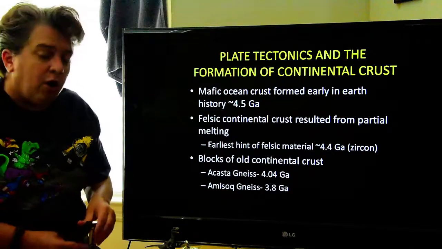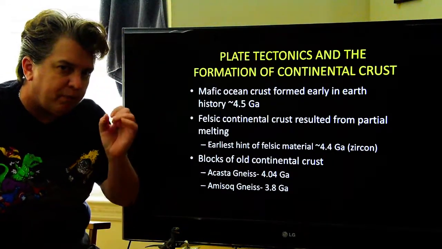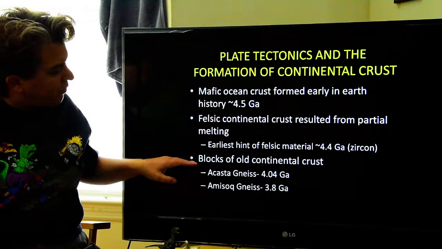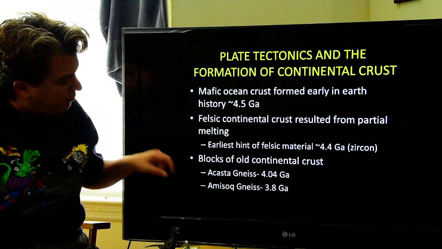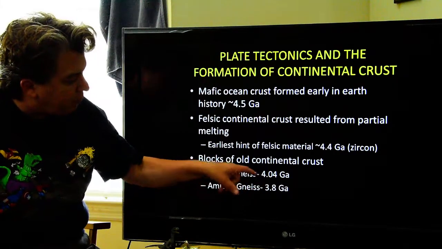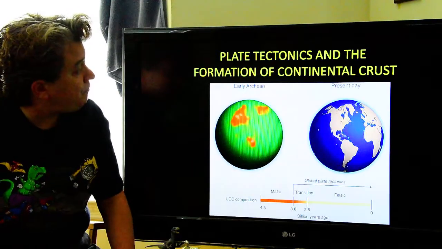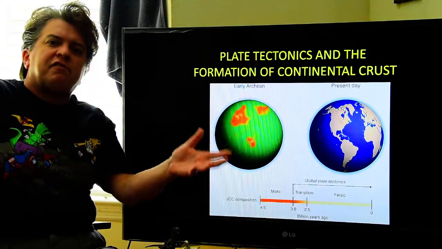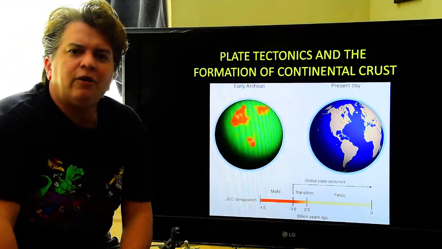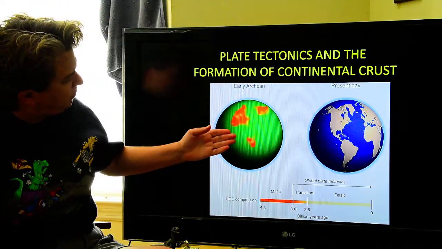And some of our oldest preserved, so we're not just talking minerals, but actual chunks of preserved continental crust, are the Acasta gneiss and the Amitsoq gneiss, which are 3.8 or 4.04 billion years old. Now, if we looked at early Earth, let's say we had a space station and could look down on Earth in the Archaean, what we would see would be this.